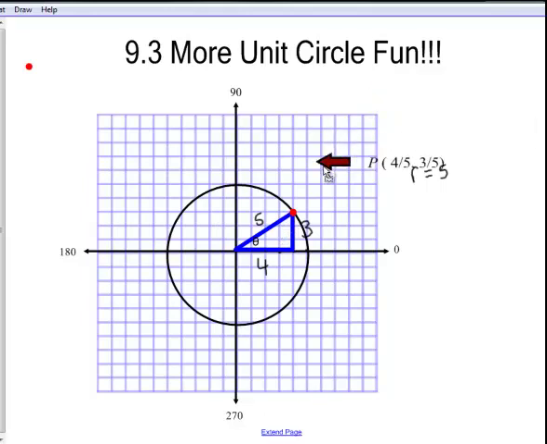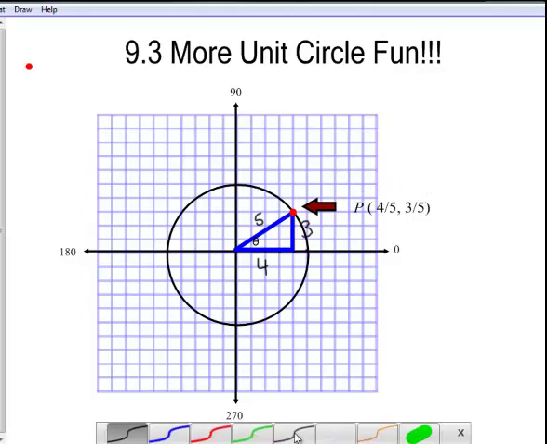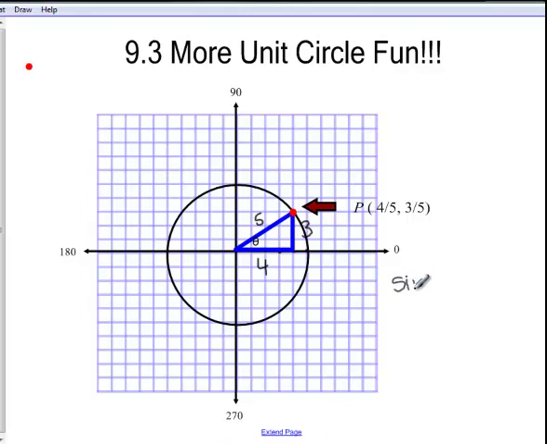Now, what we have here is the beginning of understanding sine and cosine. If you remember back from 8th grade, sine of an angle is the opposite side over the hypotenuse, and cosine of an angle is the adjacent side over the hypotenuse.